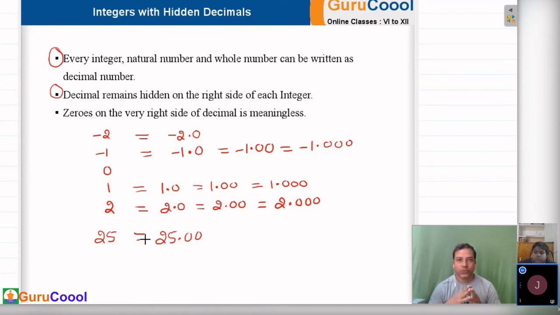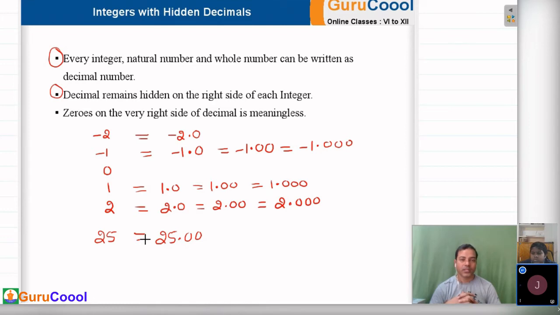a rounded value. Do you know rounded value? You might have studied it in grade 5. I think you have studied this in ICSE. Rounding off the value, like 5.6 is considered to be 6 sometimes. 5.8 becomes 6. 5.2 becomes 5.